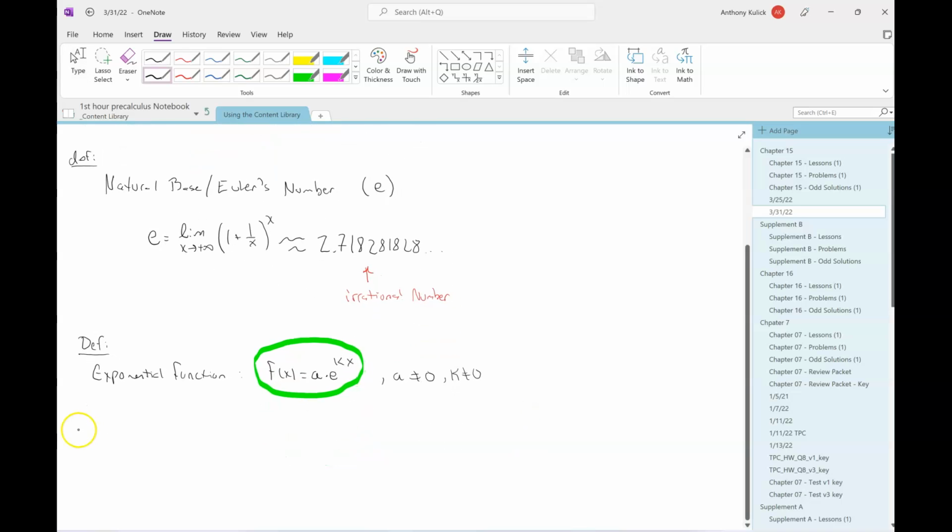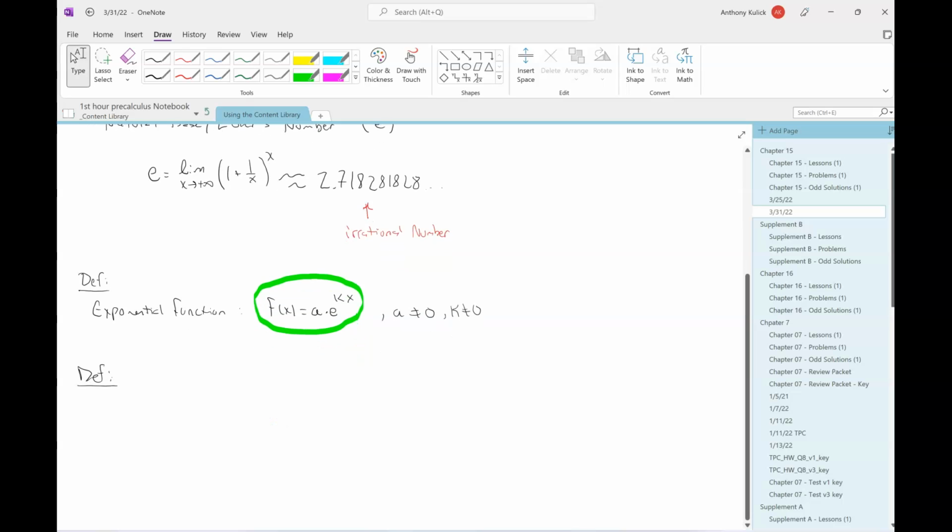Okay. So when we talk about these exponential functions, there's basically two types.